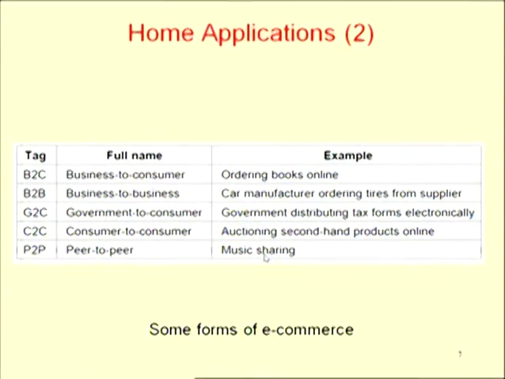And the last is peer to peer. For example, if you download something from a P2P network using P2P clients, then that is called a P2P application. Generally, most of the time when students download videos and audios on P2P networks, they are nothing but this P2P.